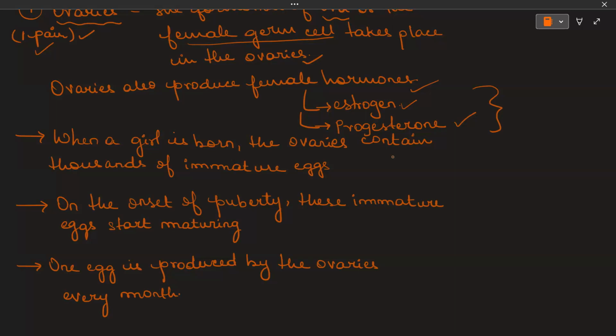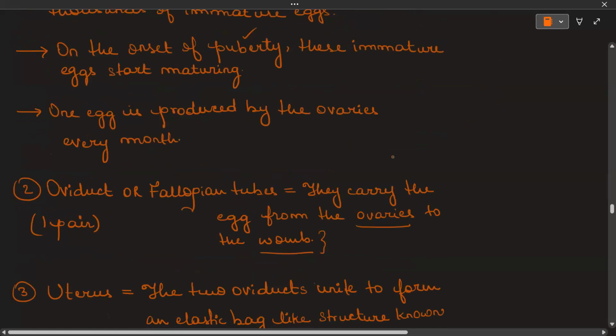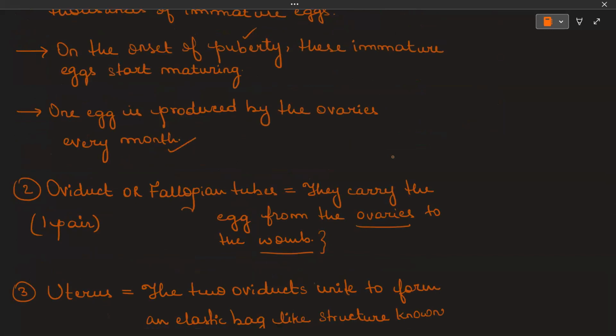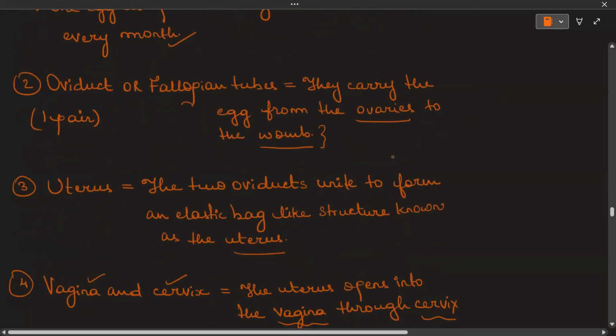Got it? So when a girl is born, the ovaries contain thousands of immature eggs, and as soon as she reaches the age of puberty, these immature eggs start maturing. One egg is produced by the ovaries every month. Got it? Yes, ma'am. Okay.